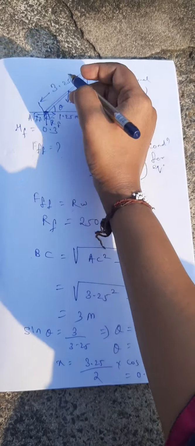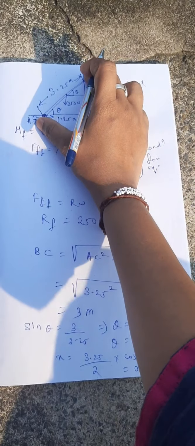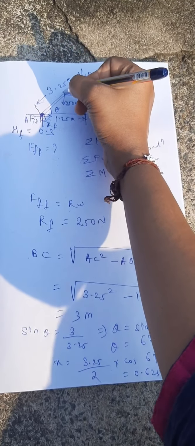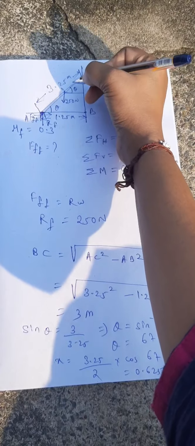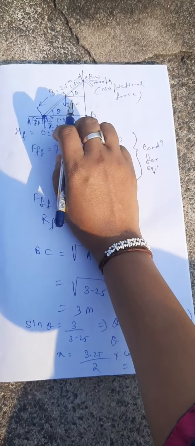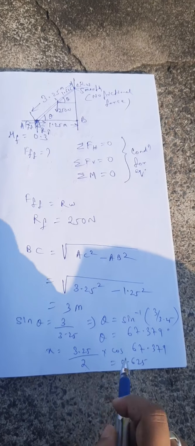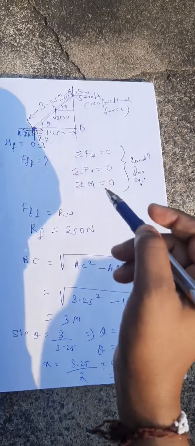If this is theta, this will also be theta. The weight will act at its middle, so middle means 3.25 by 2, 1.625. So from here to here is 1.625 cos theta. What is this value? That is 0.625 meter.